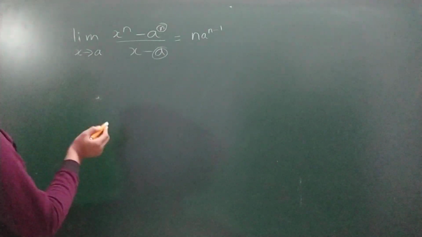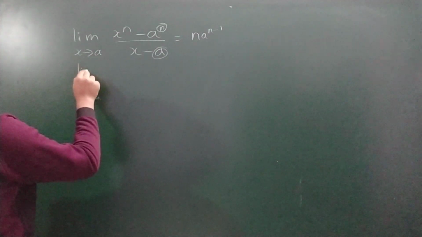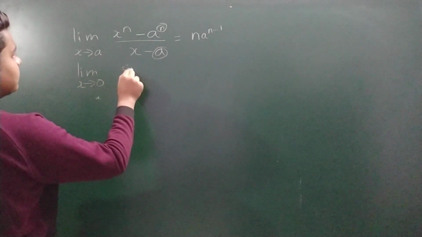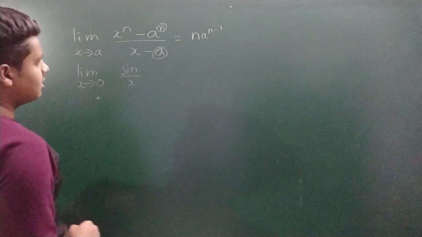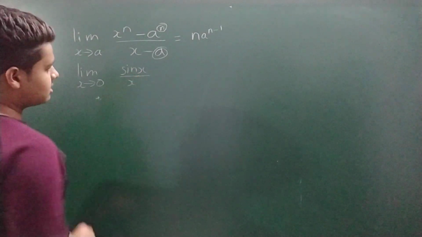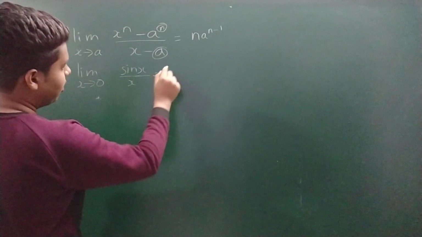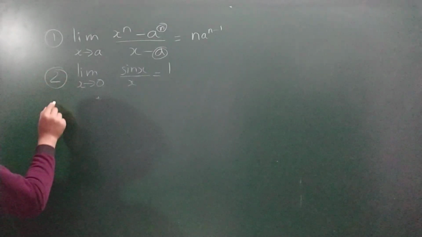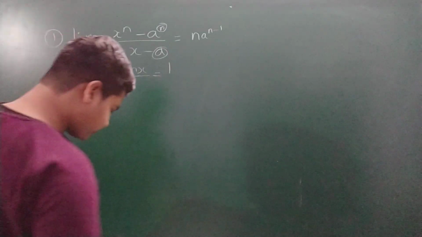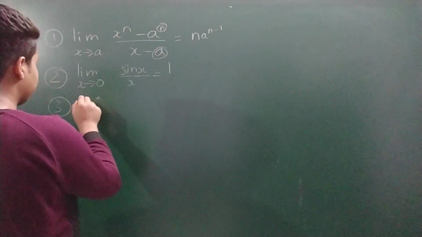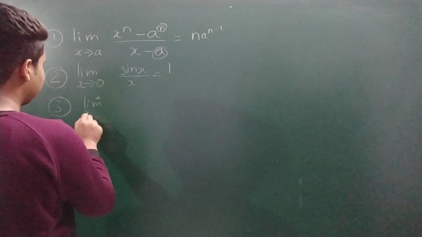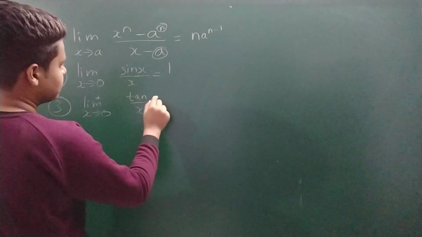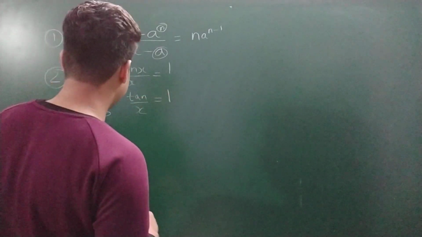Then second, this is also a well known formula, limit x tends to 0 of sin x upon x. For this, the answer is always 1. So this was our first formula, this was our second formula. Then comes our third formula, limit x tends to 0 of tan x upon x equals 1.